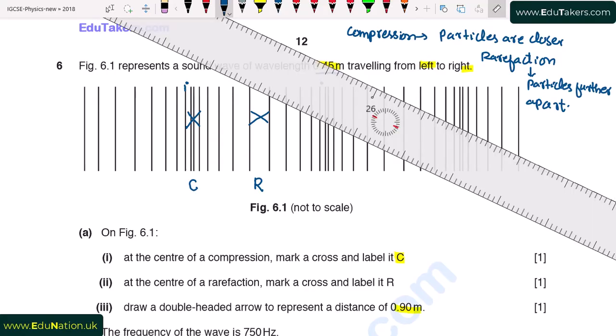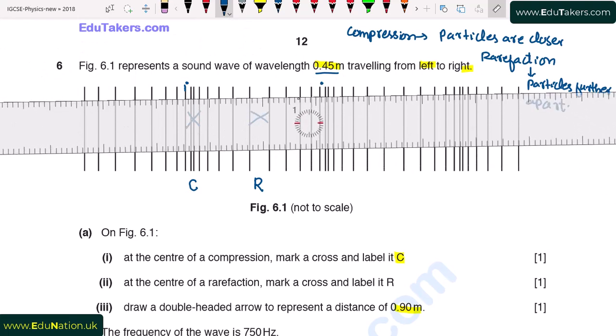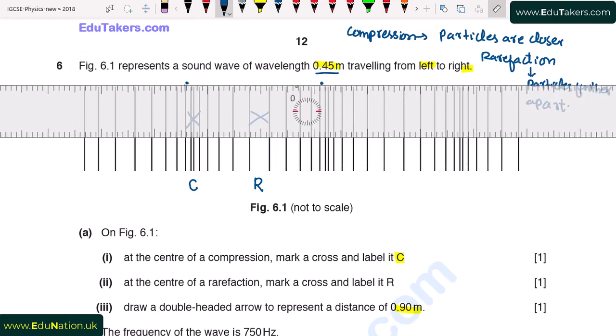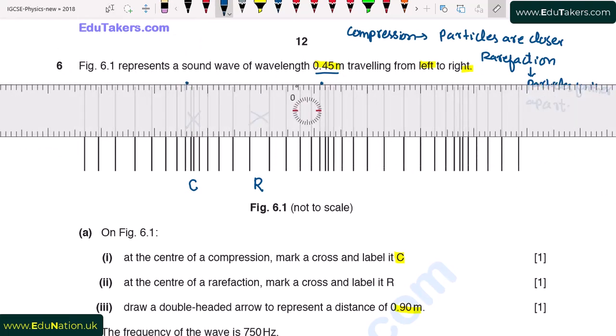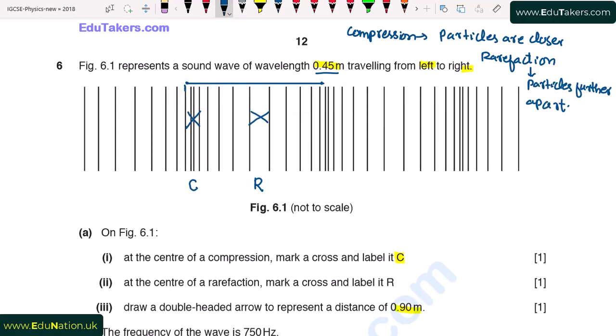So I draw a line here. This distance is basically equal to 0.45 meter, that is given here.